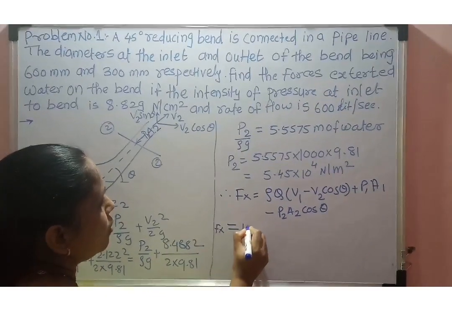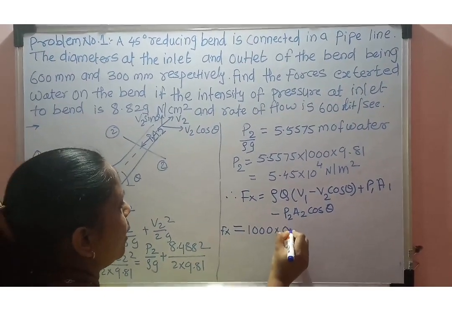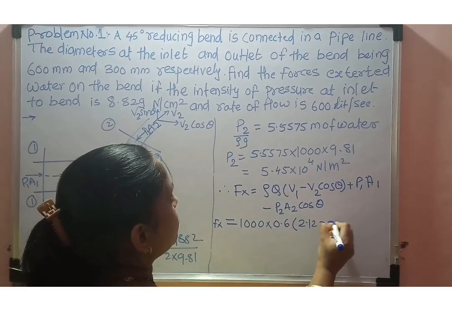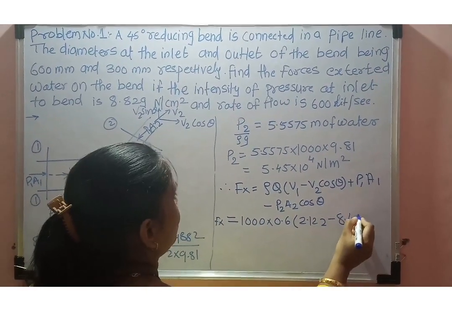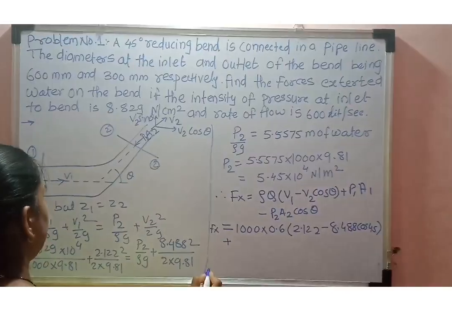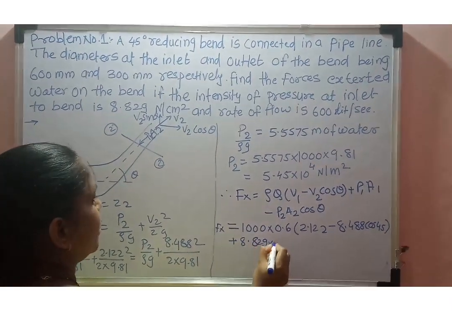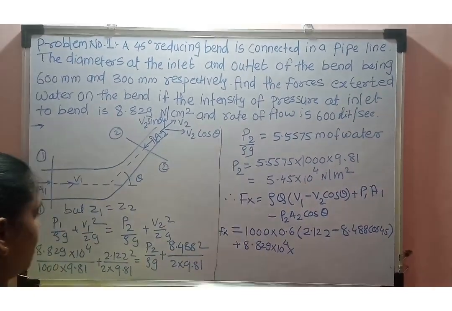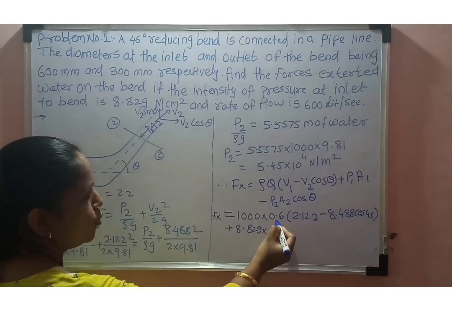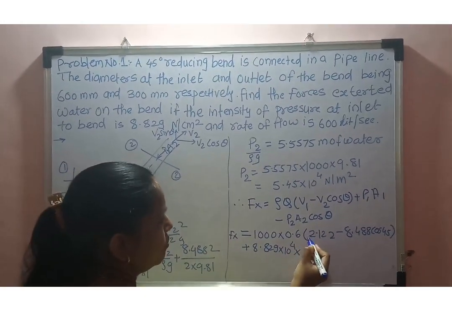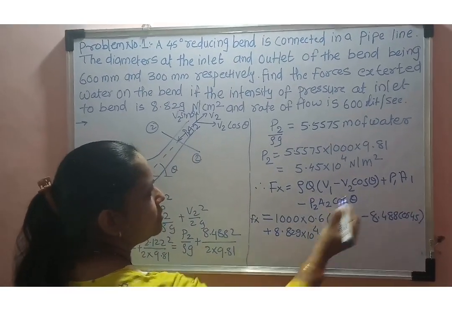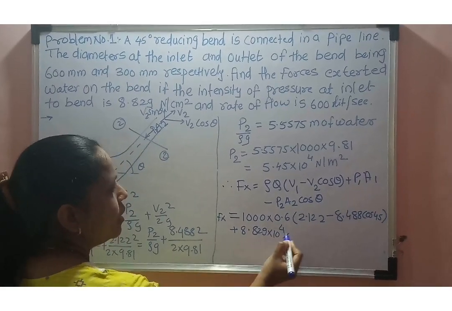Fx is equal to rho is 1000 into Q is equal to 0.6, V1 is equal to 2.122 minus V2 is equal to 8.488 cos 45, plus P1 is equal to 8.829 into 10 raised to 4 into A1.